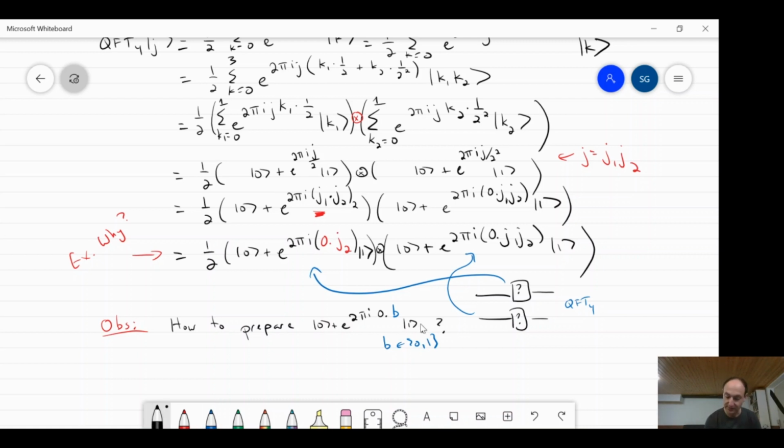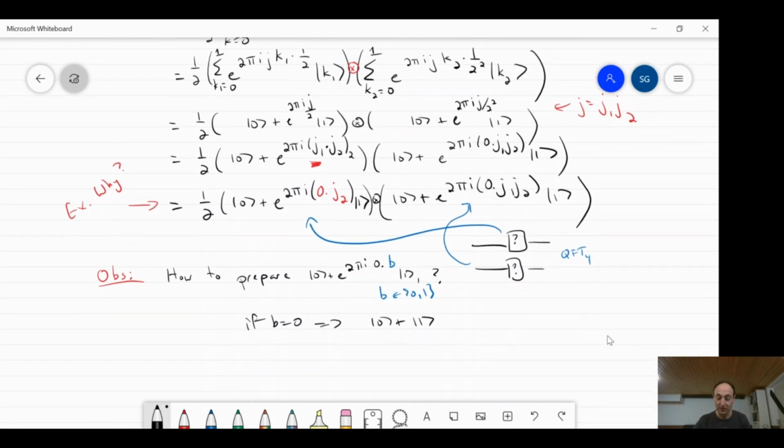If you want to prepare the state, how do you do it? Just think about what you're looking at. If b is 0, then the state you have is |0> plus |1>, up to normalization, and then we have to renormalize to make it quantum. The phase disappears.